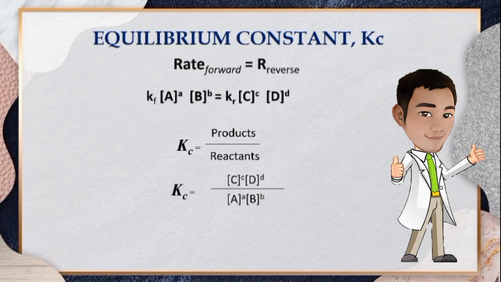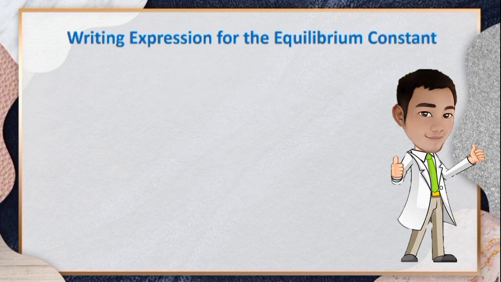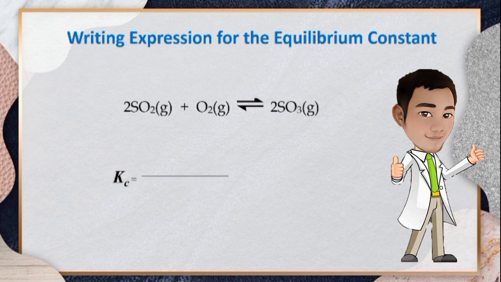Note that although the opposing rates are equal, it does not mean that the concentrations of the product and the reactants are also equal. For instance, for the following reversible reaction, 2 moles sulfur dioxide gas plus 1 mole oxygen gas yields 2 moles sulfur trioxide gas, the equilibrium constant expression is Kc equals [SO3] raised to 2 divided by [SO2] raised to 2 multiplied by [O2].